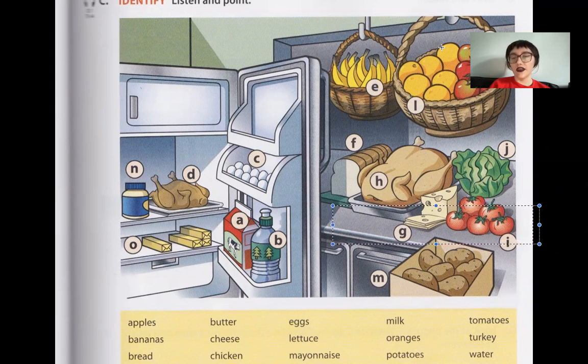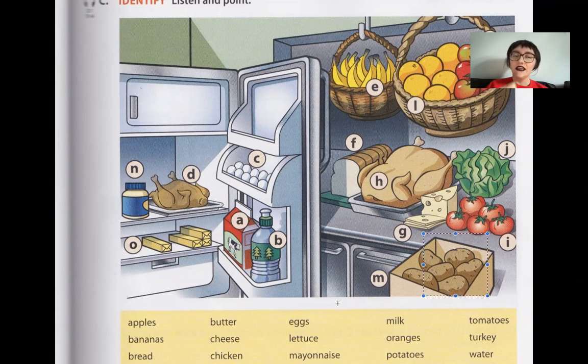So over the counter are bananas, oranges, and apples, right? They are over the counter. The bread, turkey, cheese, tomatoes, and lettuce are on the counter, and so are the potatoes. The potatoes are on the counter.